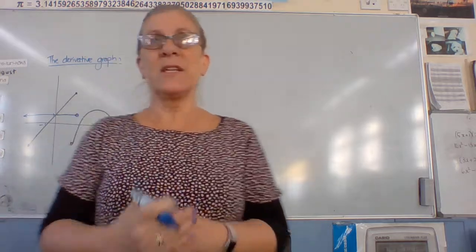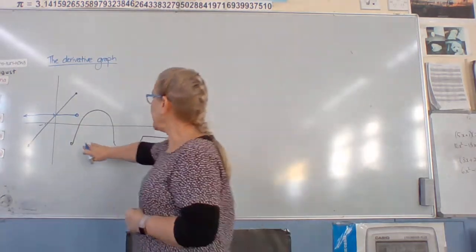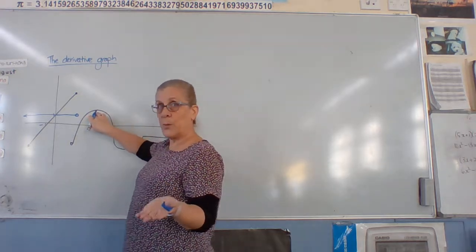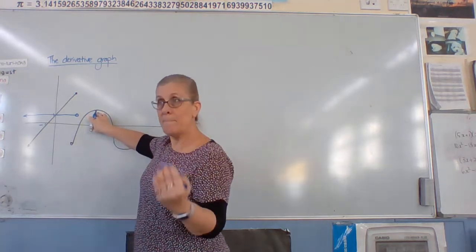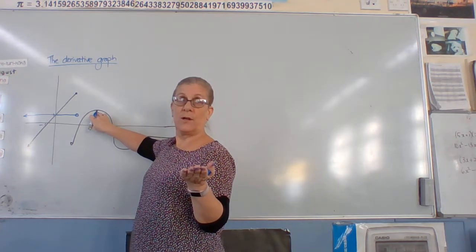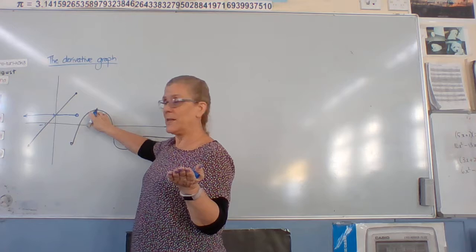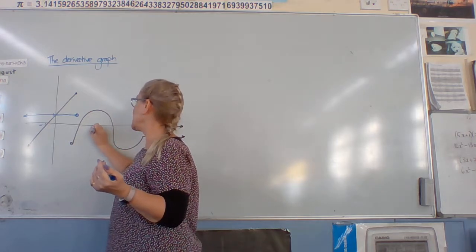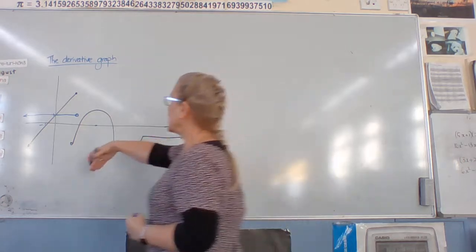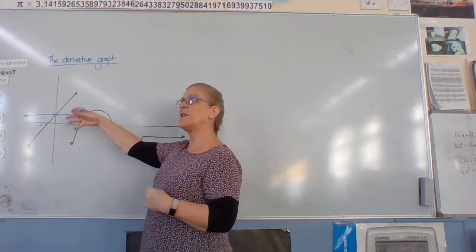Then we move on to the next one. From here to here, this is a critical point, turning point, maximum. So therefore what? Yeah, it's on the line, right? The first derivative will be 0. So we've got that piece of information. On this side, we've got what kind of gradients?